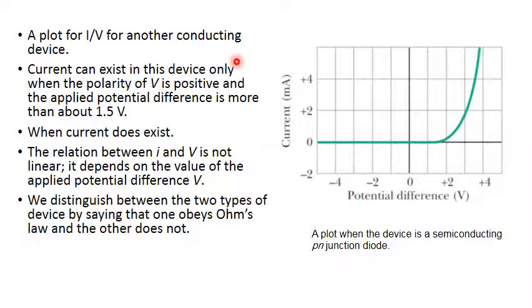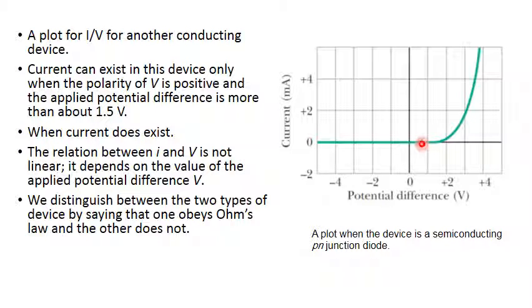As an example of a device which does not obey Ohm's law, take the p-n junction diode. In a p-n junction diode, if we look at its IV characteristic, with the horizontal axis the potential V and the vertical axis the current I, first of all, it is not a linear relation.